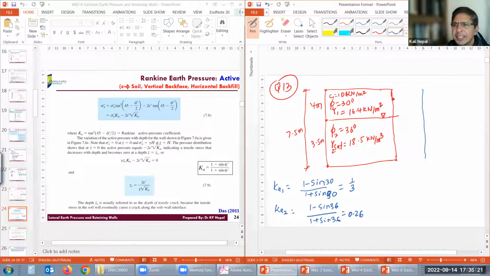At this point, that side would be minus 2c root Ka. How much is that? Can you compute that now?